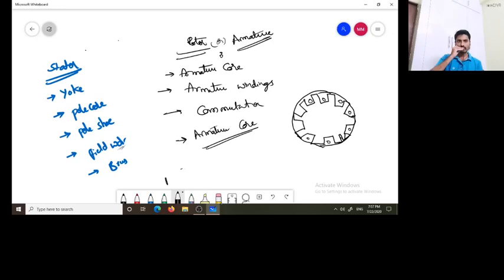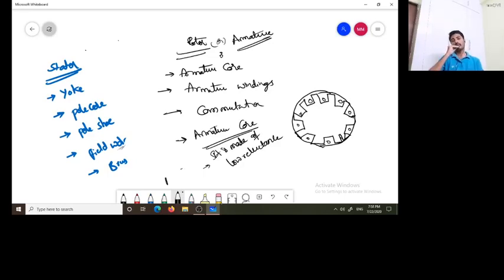The armature core is made of a low reluctance material, like the yoke. As I already told, the yoke is made of a low reluctance material, and in the same manner the armature core is also made of a low reluctance material.